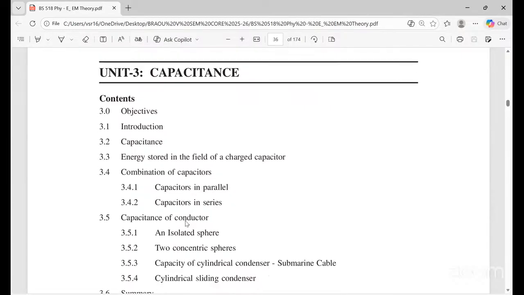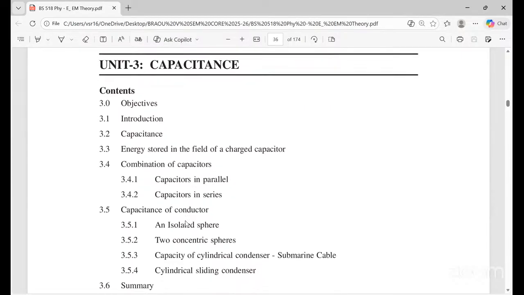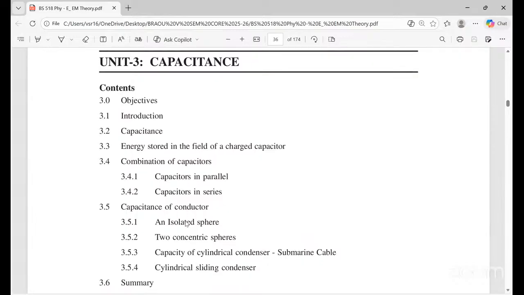Next one is the capacitance. So how do you define the capacitance of a capacitor? The capacitance of the capacitor C equals Q by V, that means the ratio of the magnitude of the charge to the potential difference between them. Whenever you speak about the capacitance of a capacitor, two plates are needed: one is a positive plate, another one is a negative plate.